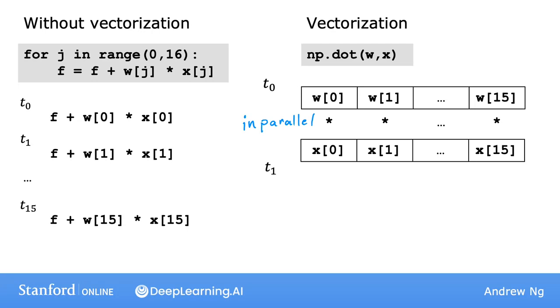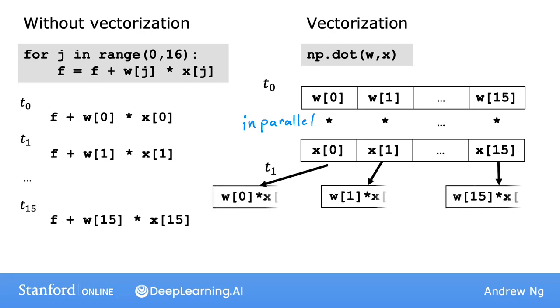Then after that, the computer takes these 16 numbers and uses specialized hardware to add them all together very efficiently, rather than needing to carry out distinct additions one after another to add up these 16 numbers. This means that code with vectorization can perform calculations in much less time than code without vectorization.